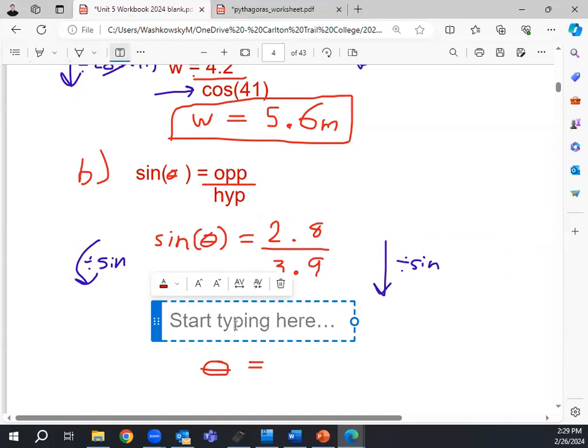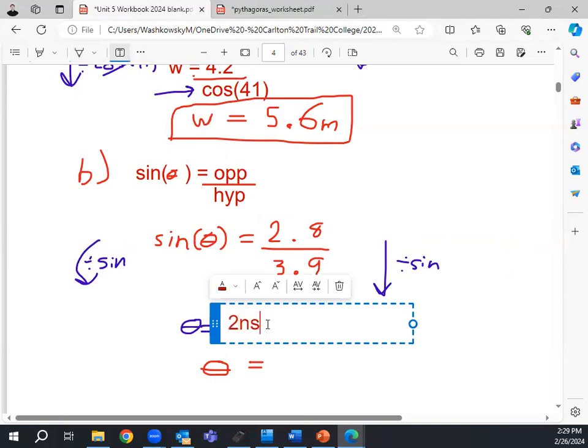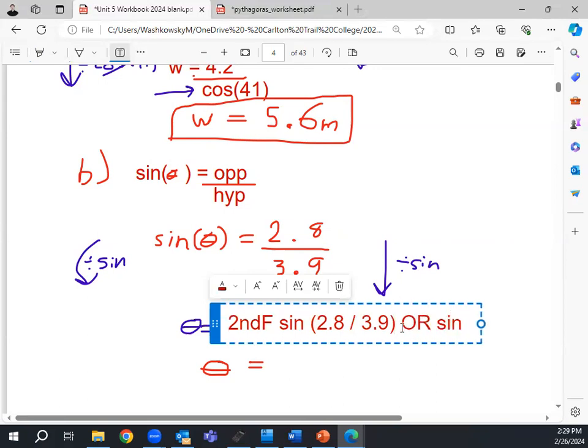So theta is going to be equal to the second function of sine, it's going to be 2.8 divided by 3.9, just for space, and put in that slash there. Sorry, of sine. Or another way of thinking about it is sine to the power of -1 times 2.8 divided by 3.9.